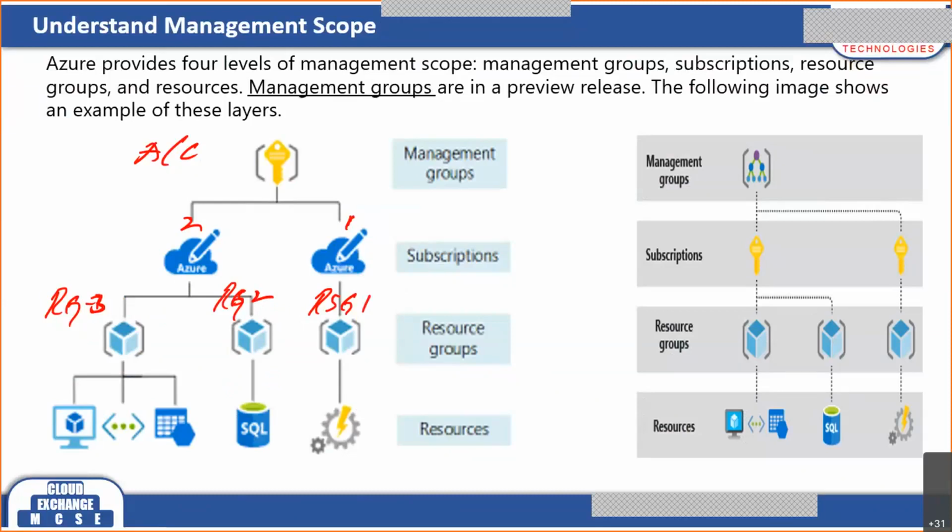Okay. So this is how our account structure is designed. Once you create the account, one subscription is available with you, guys. In that, you can create resource groups and you can create the resources.